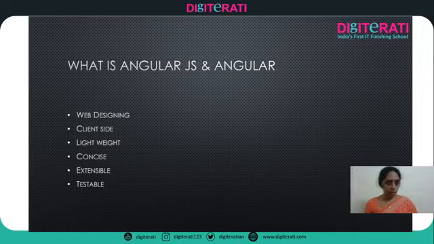Why in web designing? We do have a style sheet, and in major applications we also go for master pages where we have our design, and we have all these ready-made templates available as style sheets which we will be able to use. Still, there are certain components that we are not able to achieve, which we will be able to achieve by using Angular.